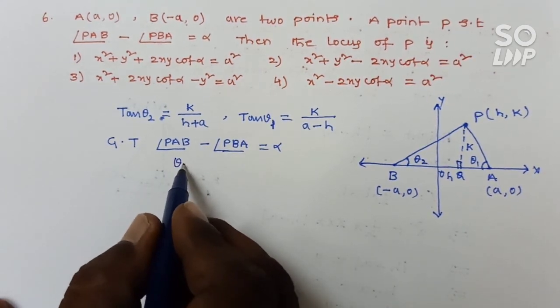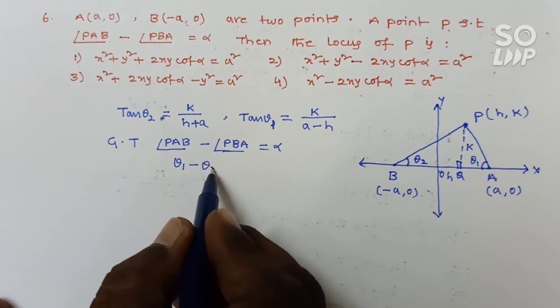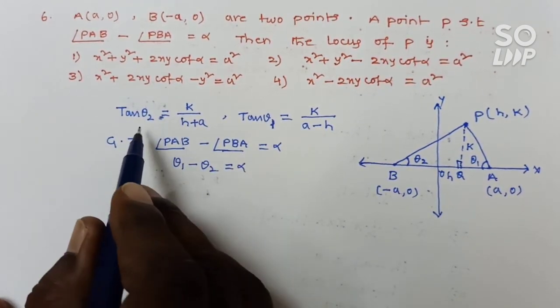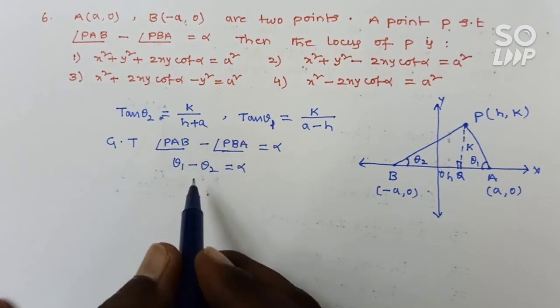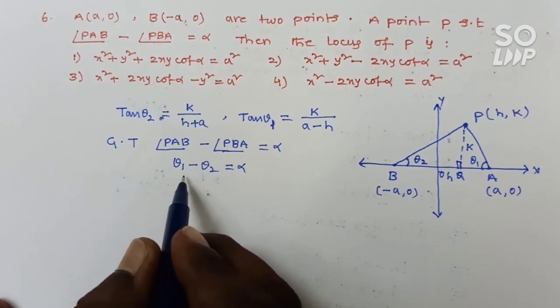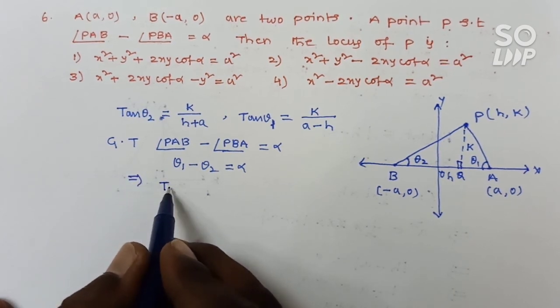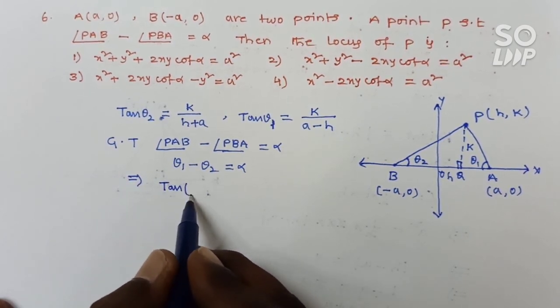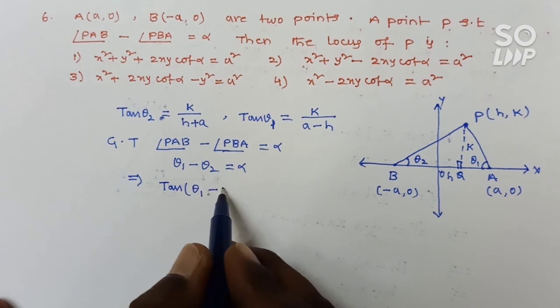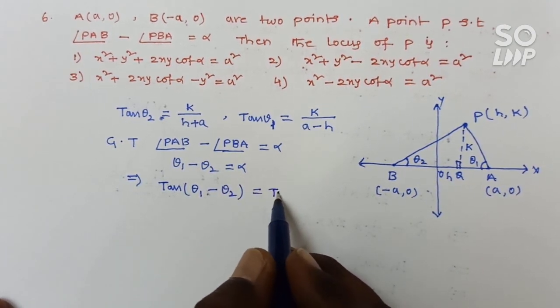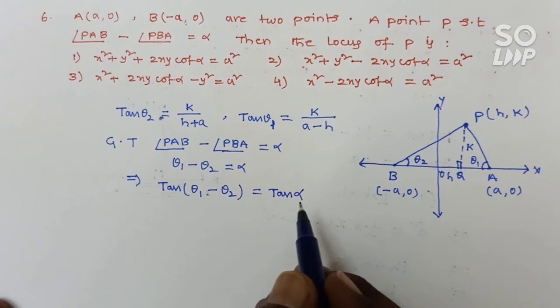So theta 1 minus theta 2 is equal to alpha, right? Now we know tan theta 1 and tan theta 2, so you take the tan function on both sides. That implies tan of theta 1 minus theta 2 is equal to tan alpha, right?